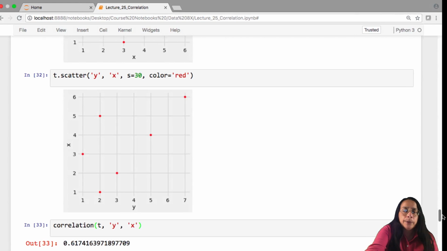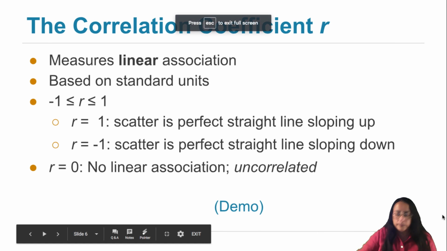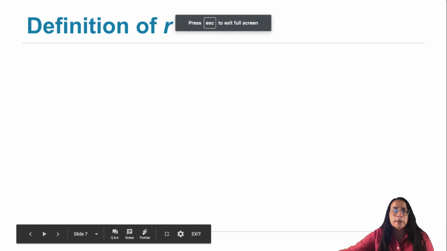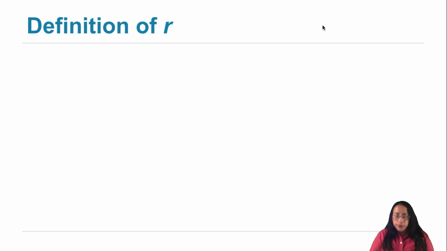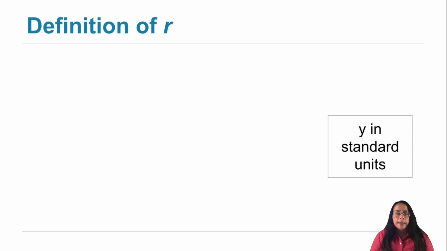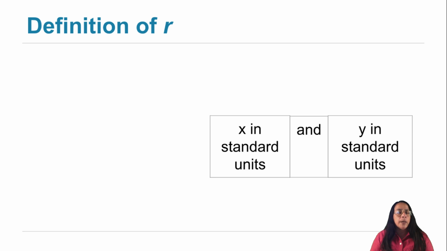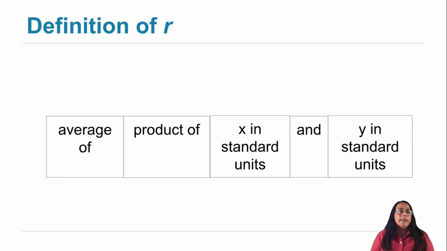Let's summarize what we know so far about the correlation. So we have the definition of correlation, which says take x and y both in standard units, because we can see shapes and so on without taking into account the original units. It's all based on standard units. Compute the variables in standard units, multiply, and then take the average.